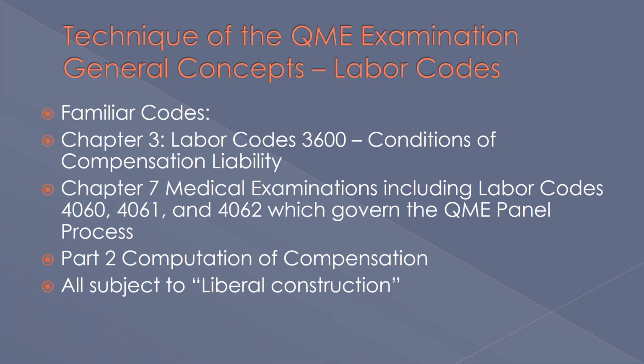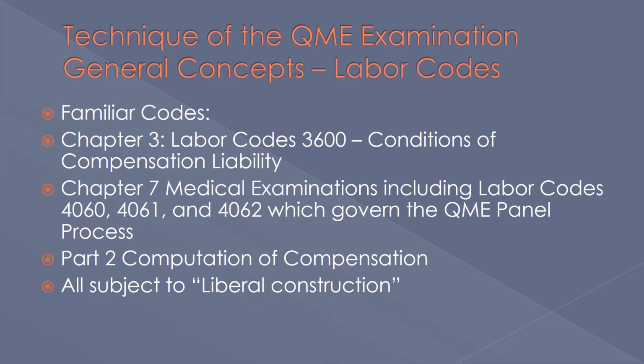Chapter 7, all of the labor codes that we described in Section 1 of this program, including 4060, 4061, 4062, which govern the QME panel process, are all subject to the liberal construction of the labor codes. Part 2, the computation of compensation, is subject to liberal construction.